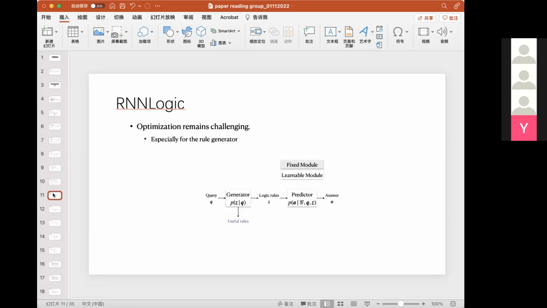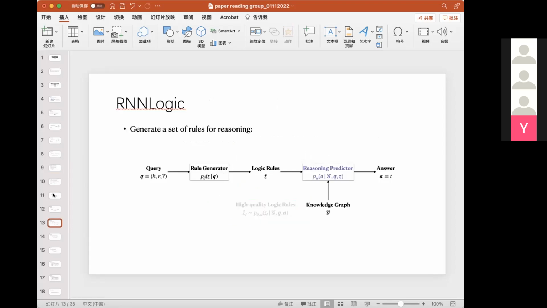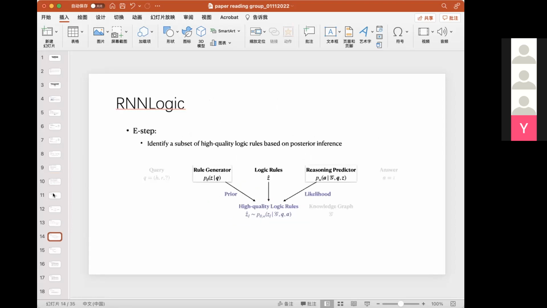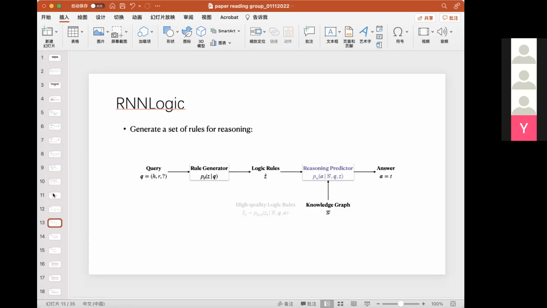Okay, so I think we have already discussed the process of this optimization. So in summary, I will just summarize this EM process again.